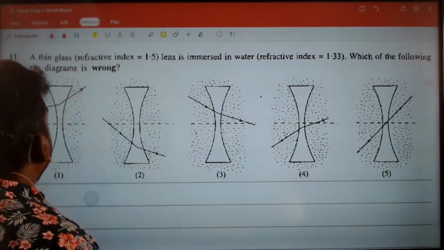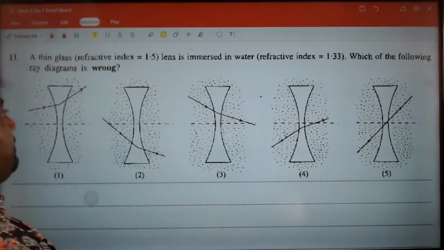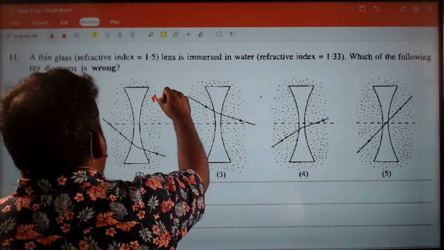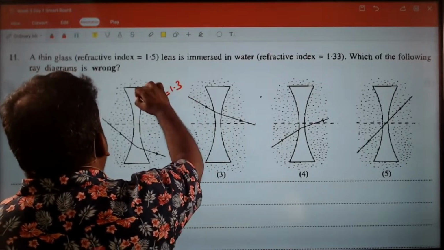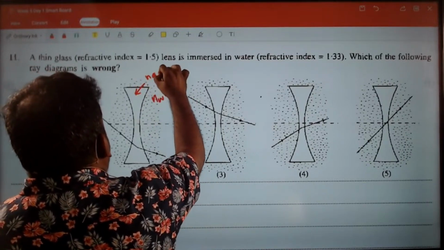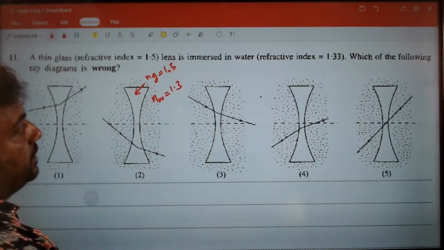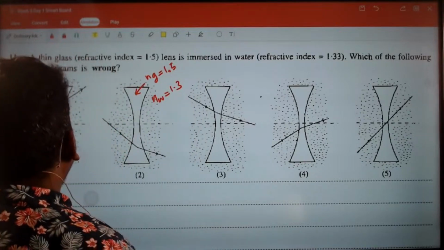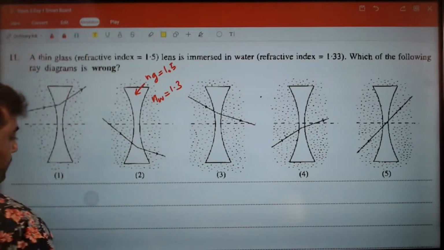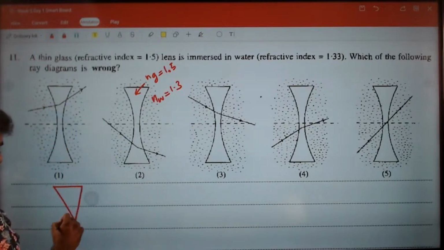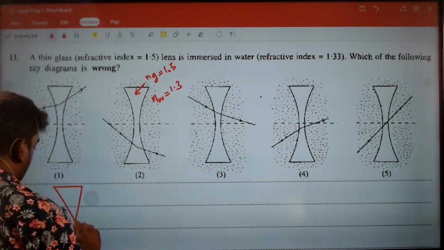A thin glass prism of refractive index 1.5 is immersed in water. Now, water refractive index, don't forget, 4 over 3, 1.3. Glass refractive index 1.5. Which of the following ray diagrams is wrong? If you take this part, this is like a prism. Top part of the prism.